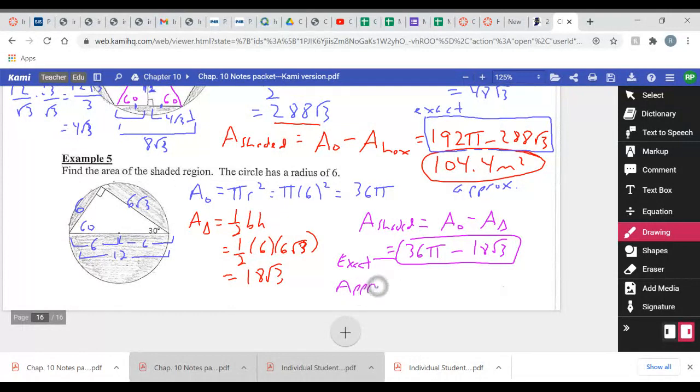If they ask it for me in approximate form, then I'm going to punch that in my calculator, and I can say 36 pi button equals minus 18 square root of 3, and that gives me 81.9. And that one does not get units because it didn't give me any units in the problem.